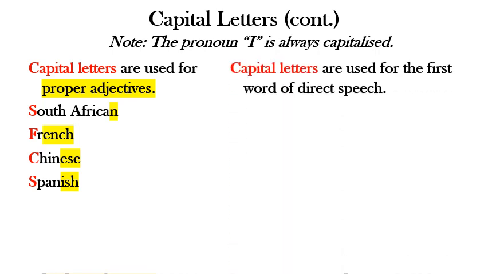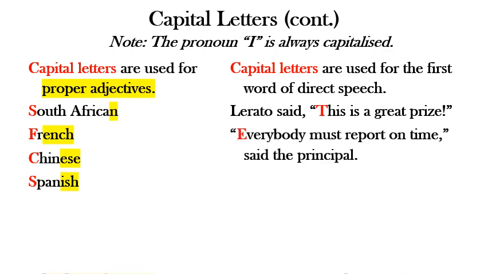Right, now, the first word of direct speech is always a capital letter. Let's take a look at this. There we've got, Lorato said, "This is a great prize." There we can see the first word of the direct speech is a capital. Then you've got, "Everybody must report on time," said the principal, and you can see Everybody starts with a capital letter.